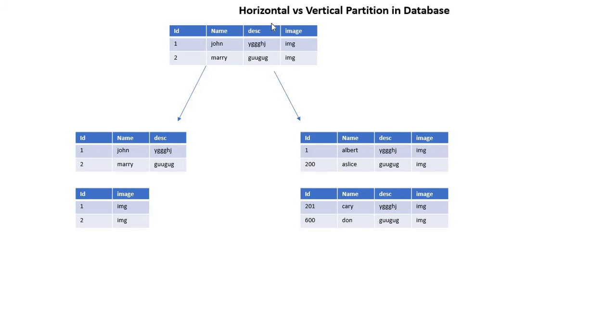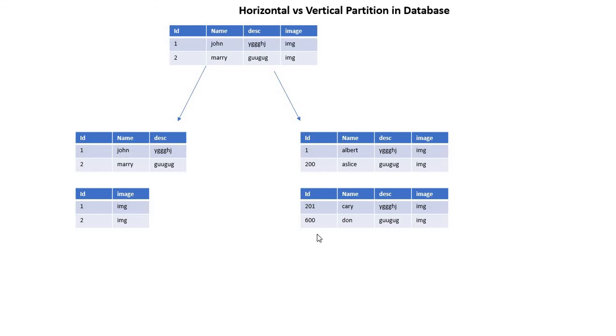In the case of horizontal scaling, this is more like sharding, table sharding. You split your table into multiple tables, and it is all based upon the data. Let's say you have 600 employees as per this picture.